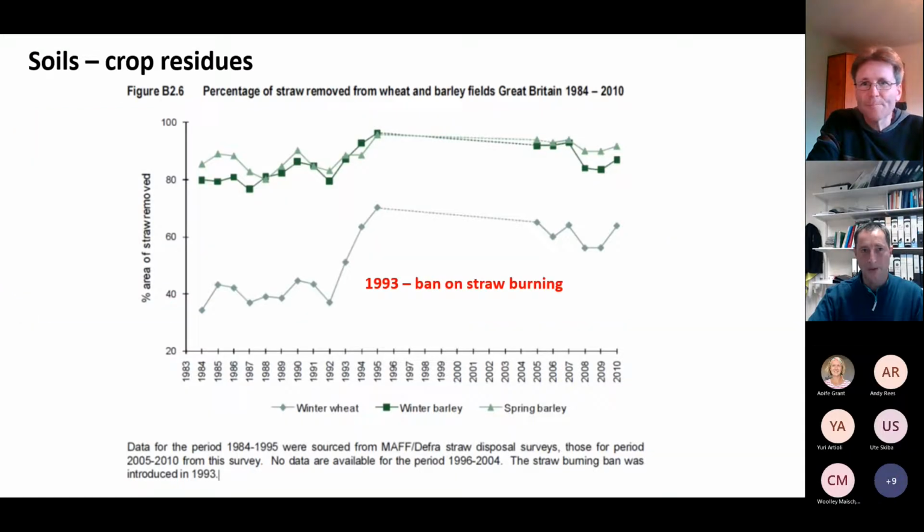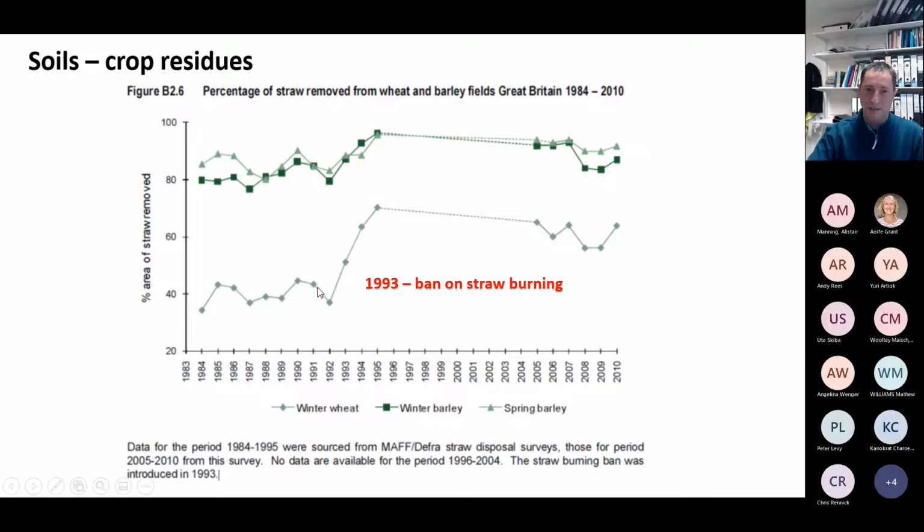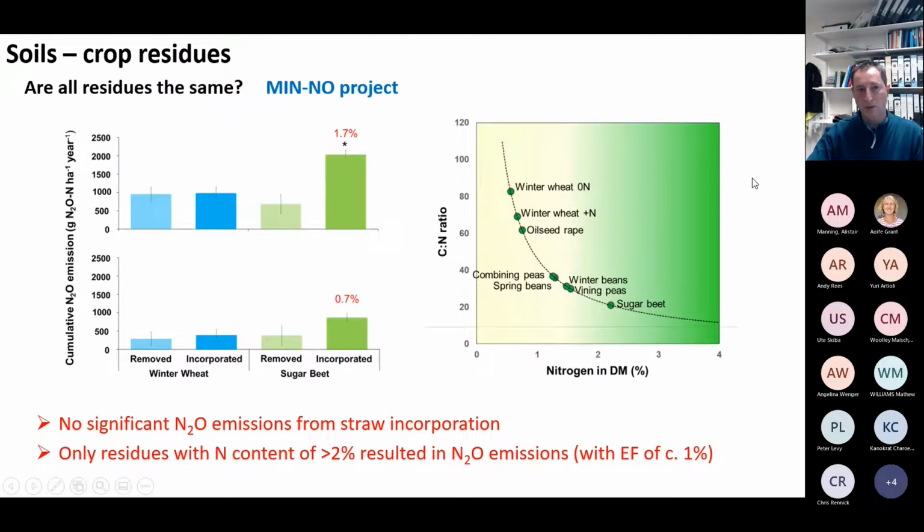Okay, so crop residues, this is just to show a lot of straw actually used to get burnt on the fields and then ploughed in, but a lot is now removed because burning was banned in 1993. But there's a big question mark around crop residues. Are crop residues all the same? Well, we know they're not all the same.